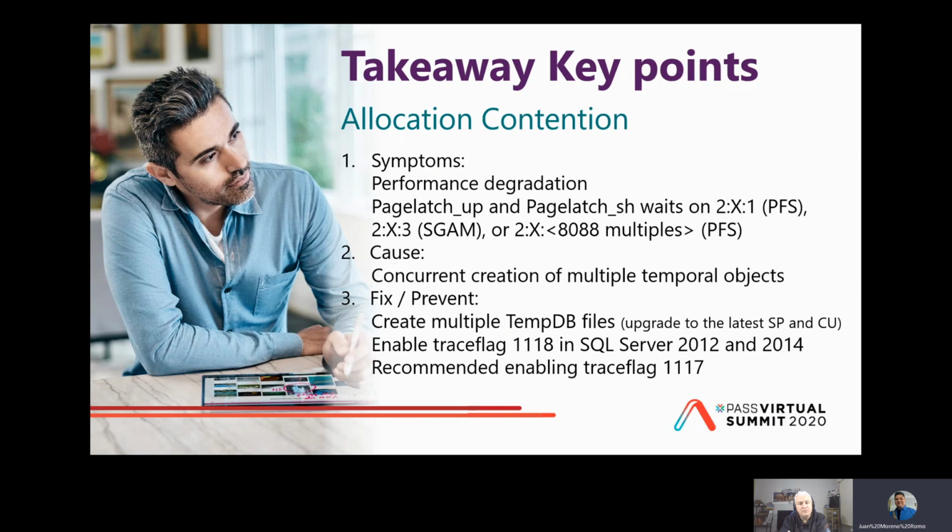For versions 2016 to 2019, this behavior is enabled by default, so you don't need to do it. We also recommend enabling trace flag 1117, but remember that this trace flag affects all the databases, not just tempdb. So if you enable it, you need to check that your databases can grow their files in the same way in the storage that you currently have.